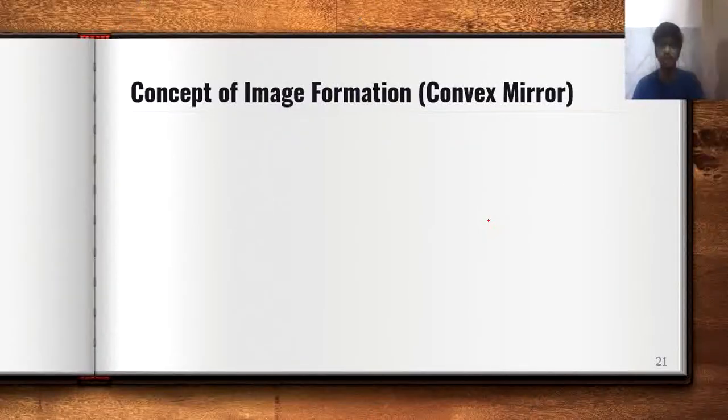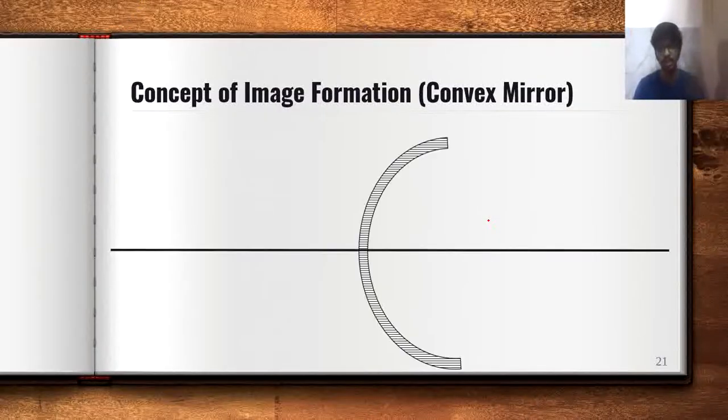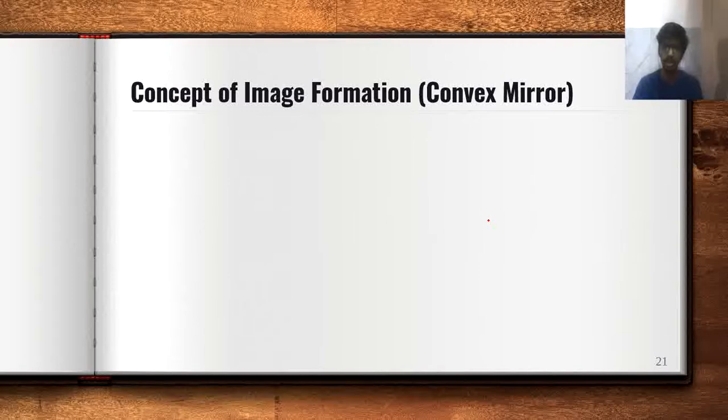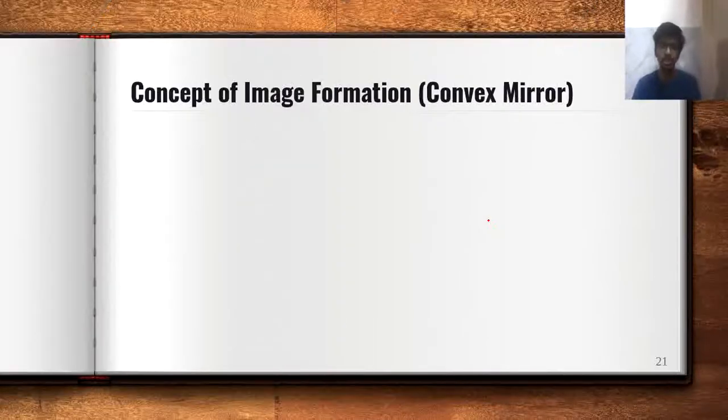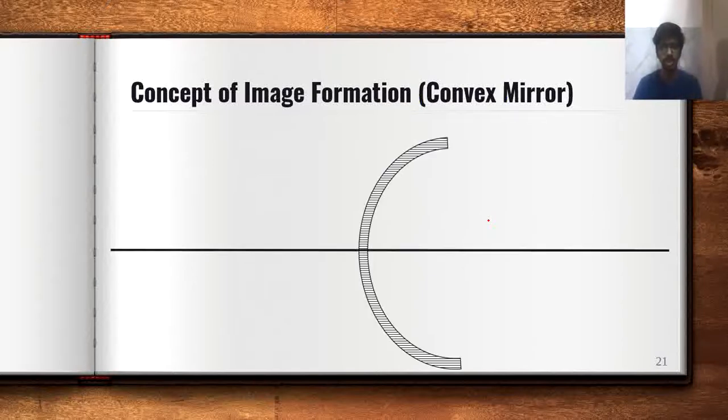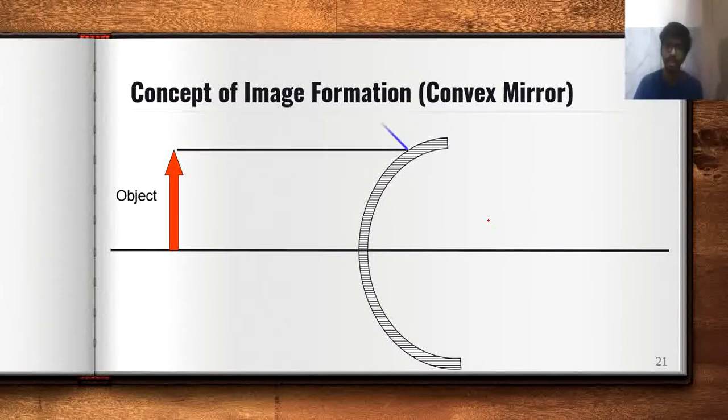Now, the concept of image formation in a convex mirror. The previous case was a concave mirror, and in the case of a convex mirror, this is the mirror, this is the object, this is the incident ray, and this is the reflected ray.